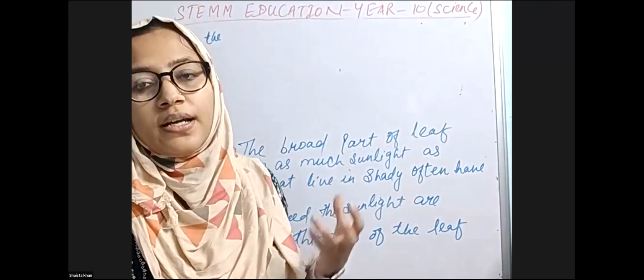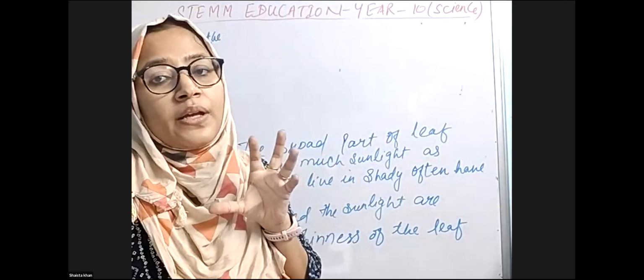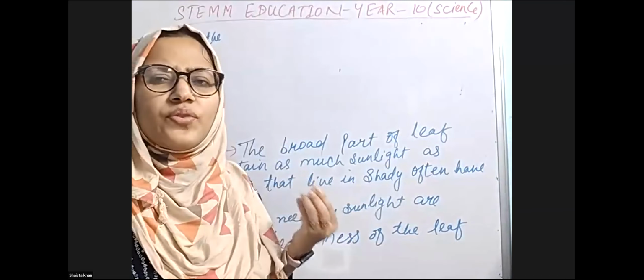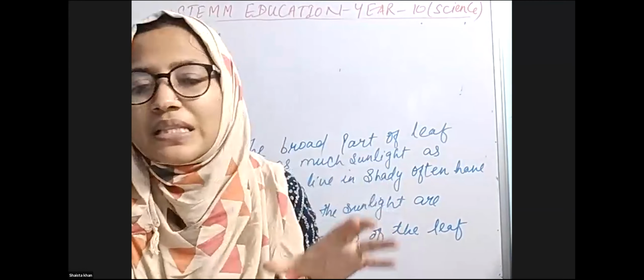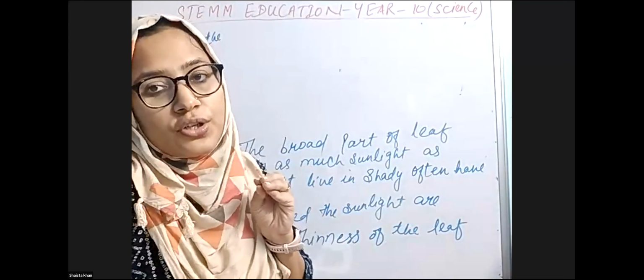If a leaf is thicker in structure, it releases less water, transpires very little water, and doesn't require as much sunlight. That's why it has a thicker leaf structure.